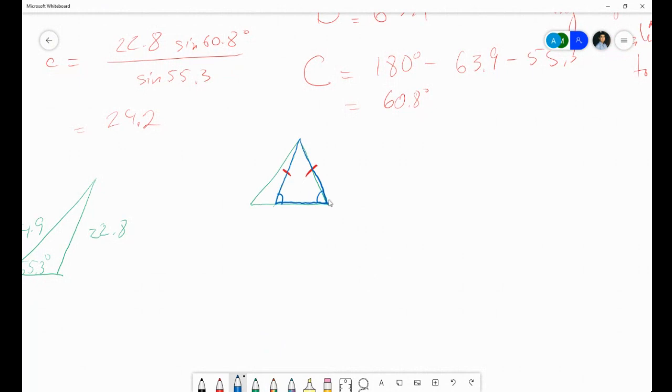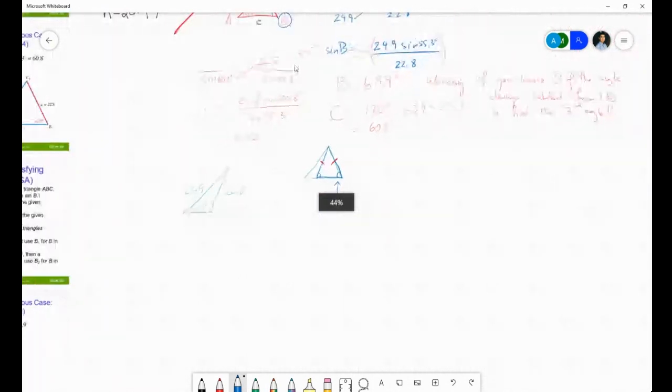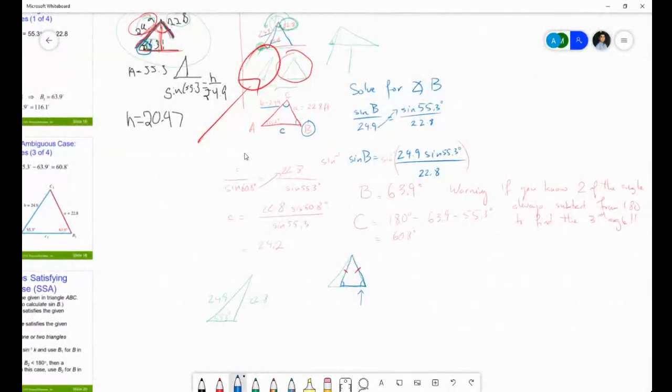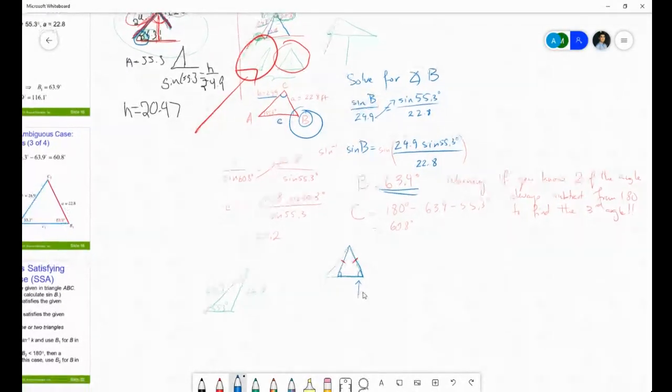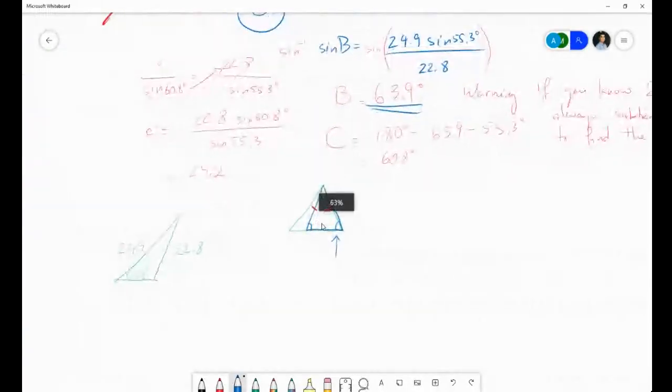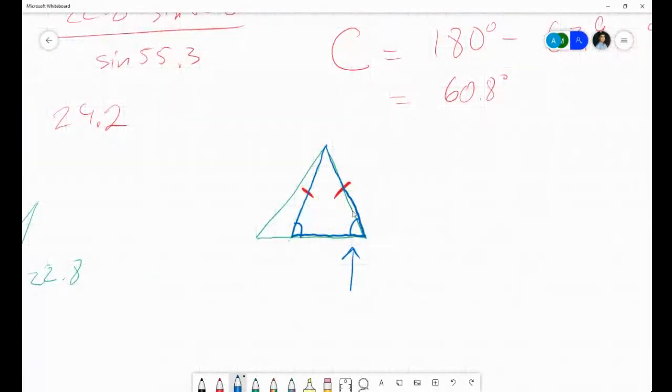Now, we just solved for this angle right here, angle B, and we found it to be 63.9. If I swing it to the inside, this is 63.9, and this is also 63.9, which means the other angle is the supplementary angle. I can find that easily by taking 180 minus 63.9 degrees. And what do we get?